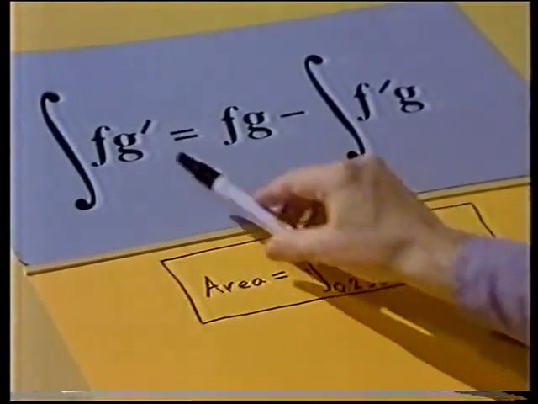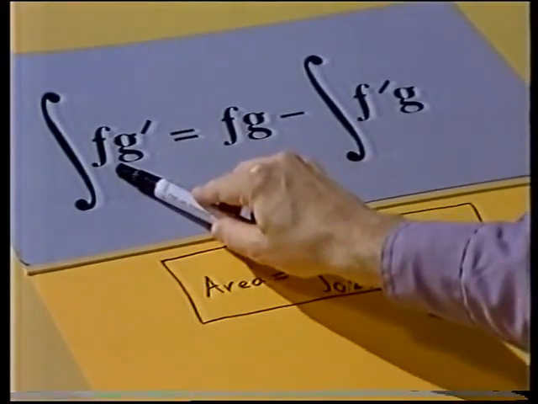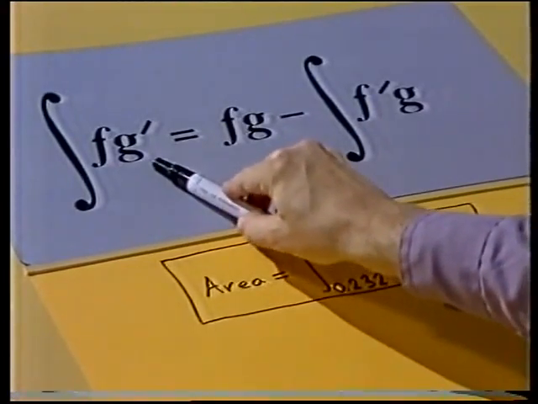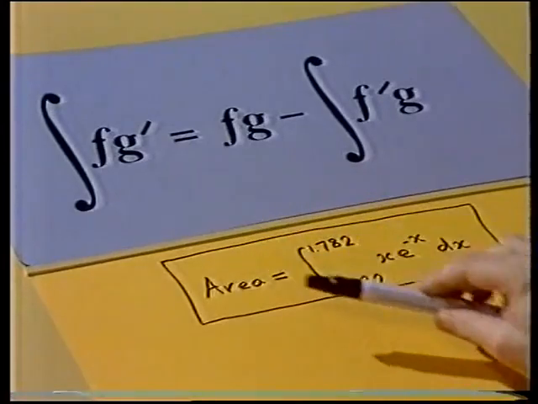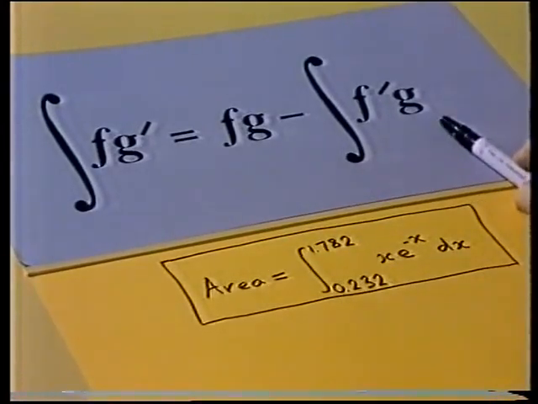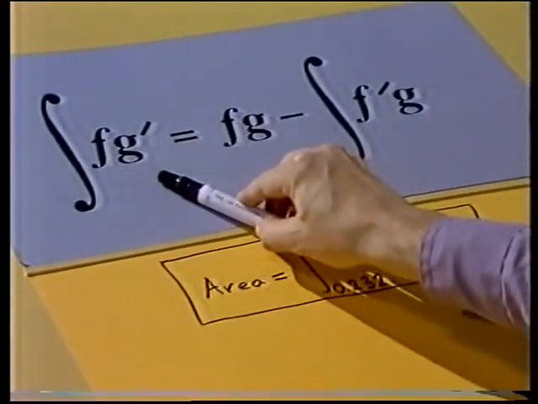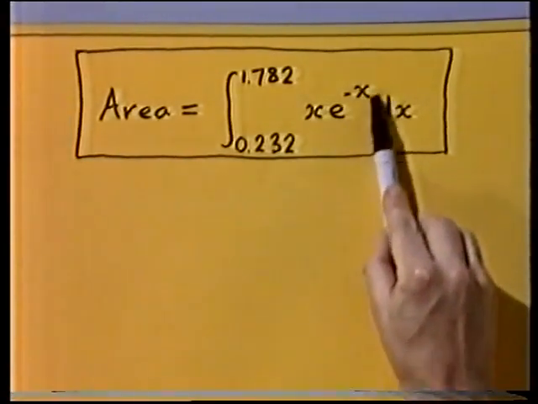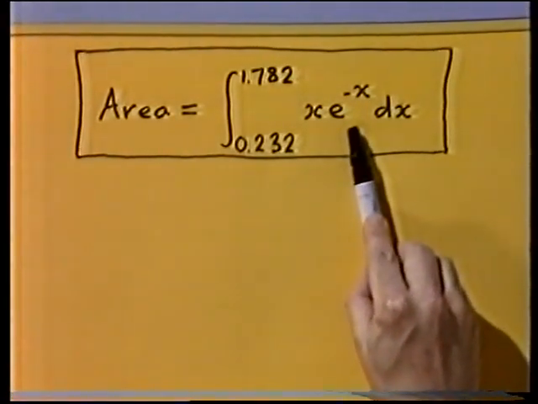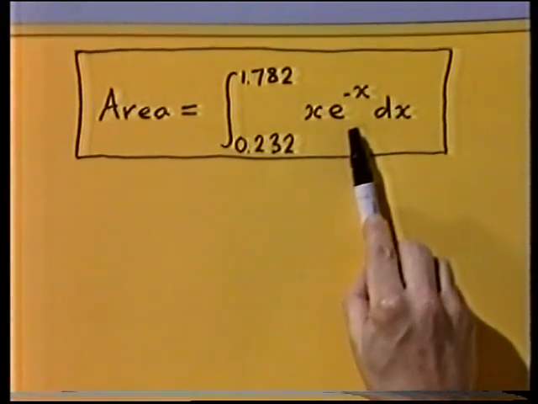Parts involves differentiating one bit of the product, that's f, and integrating the other, that's g prime. If parts does work, then you'd like this bit to be an easier integral than the one you started with. So which of these is f and which is g prime? E to the minus x is a function which can be integrated or differentiated, but it doesn't get any easier.